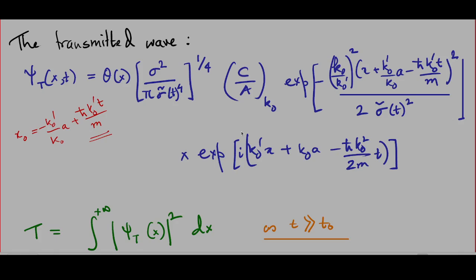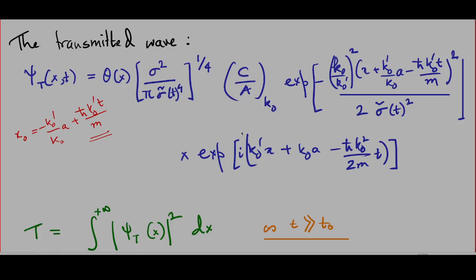This is the mod square of 1. The only thing we have to be a bit careful about is when we take the mod square of this. So we have e to the power minus k0 by k0 prime square x plus a tilde t whole square by twice sigma tilde t square.